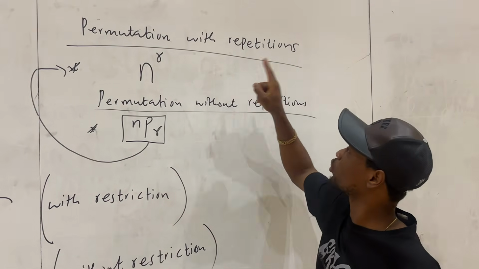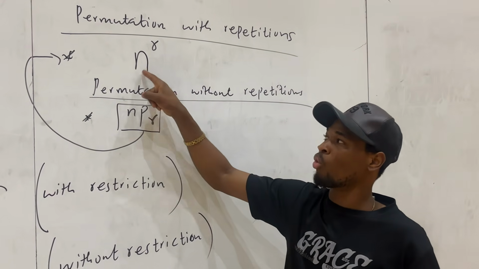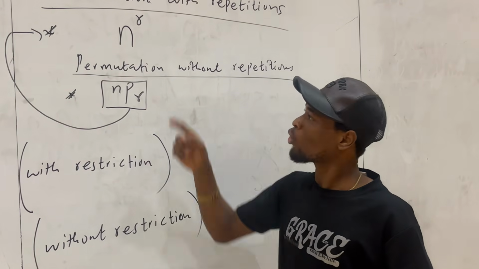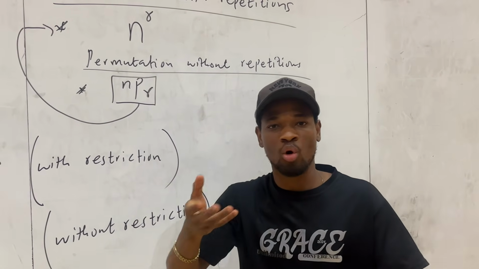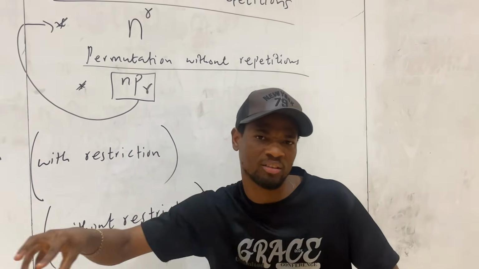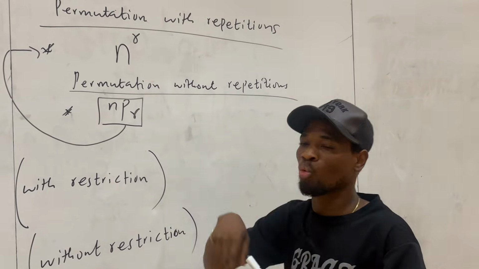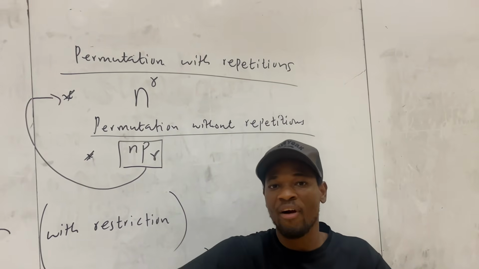And permutations with restrictions or with repetition, we will go by this formula, which is n to the power r, where n denotes the total number of items or objects under consideration.